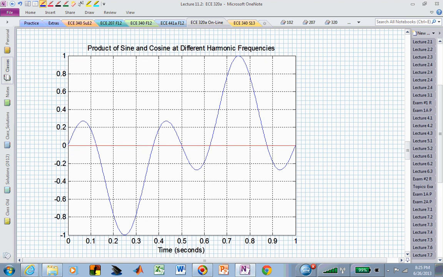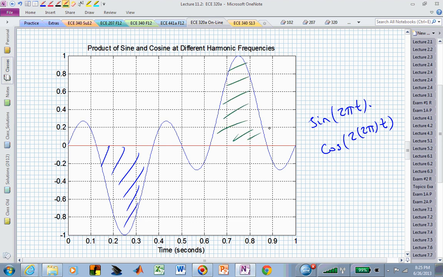Here's another picture that illustrates the sine of 2 pi t times the cosine of 2 times 2 pi t. And again, we can hopefully see that the negative area is going to be canceled by the positive area. And we also have this positive area, that's the negative area of this positive area.